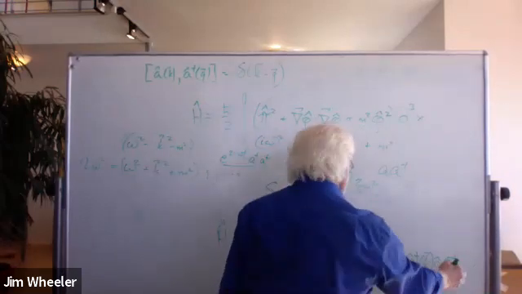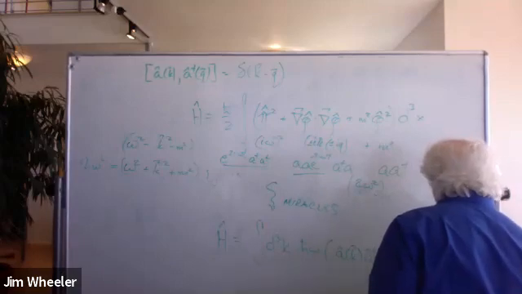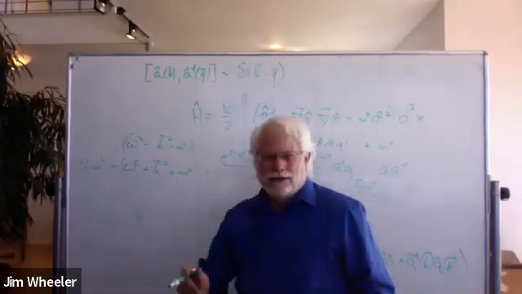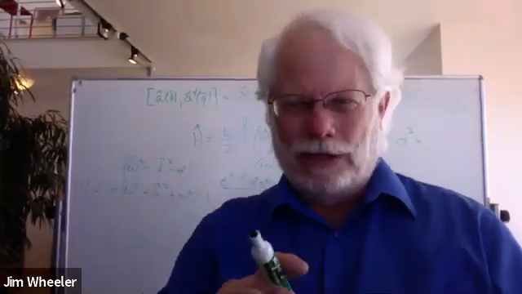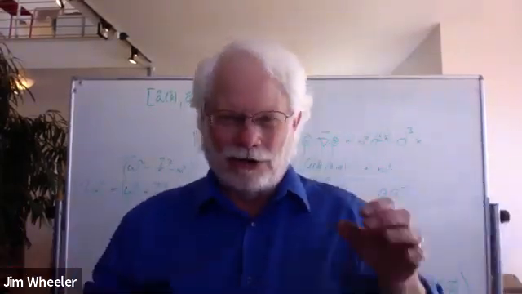So you need to work through these integrals. You need to know how to do it. I'm happy to go through it if you need to see that all done.